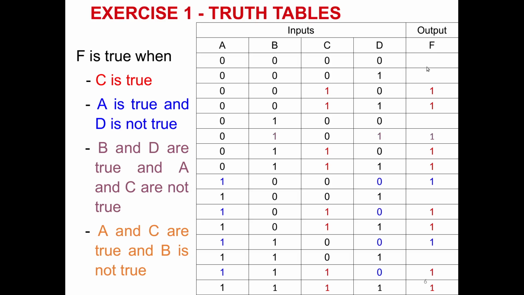The remaining places here will be replaced by 0. So now, if we look into this, we have the truth table for the F function with this condition.